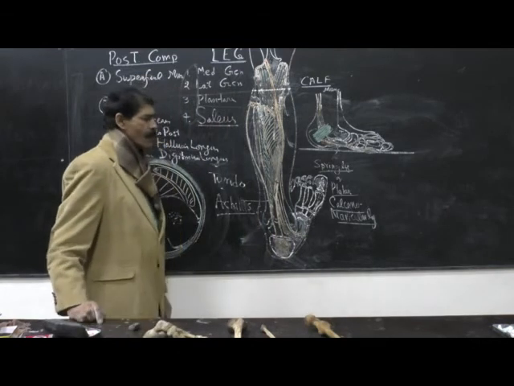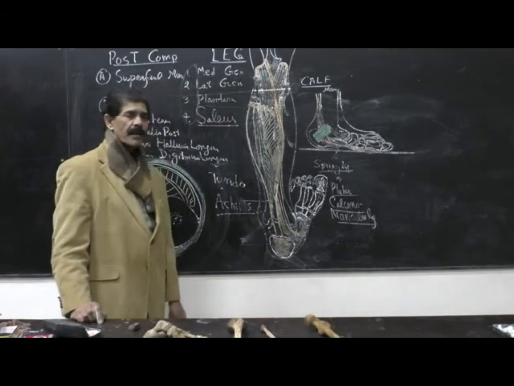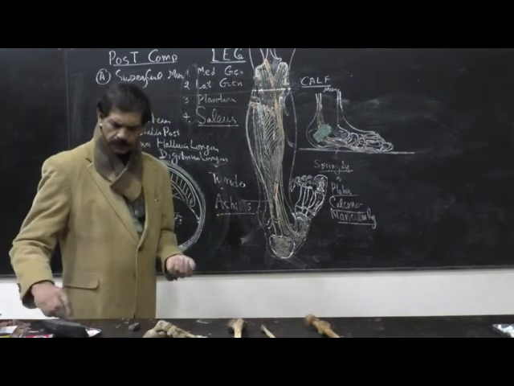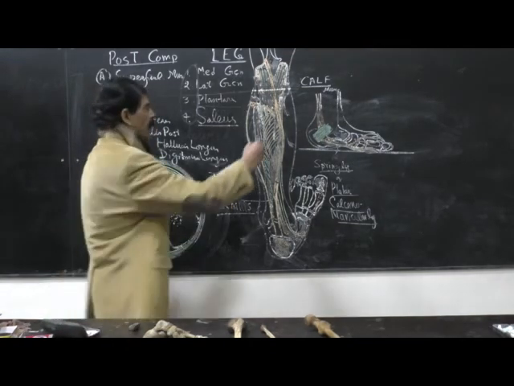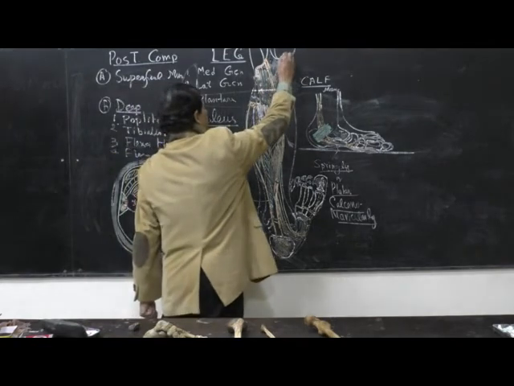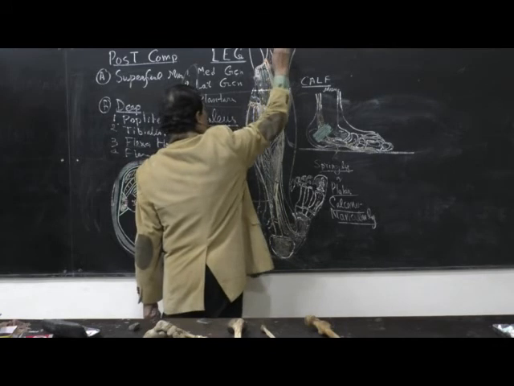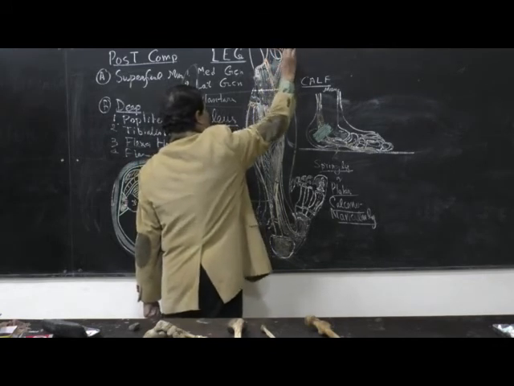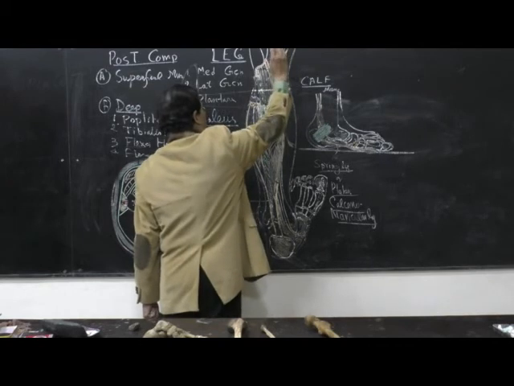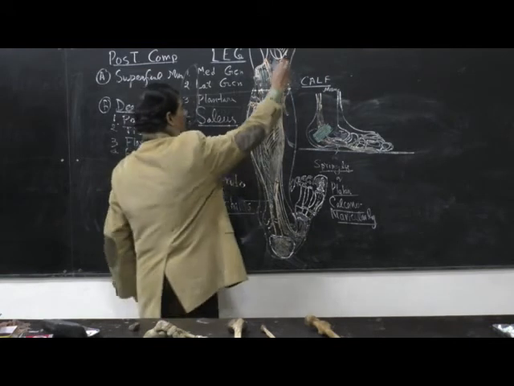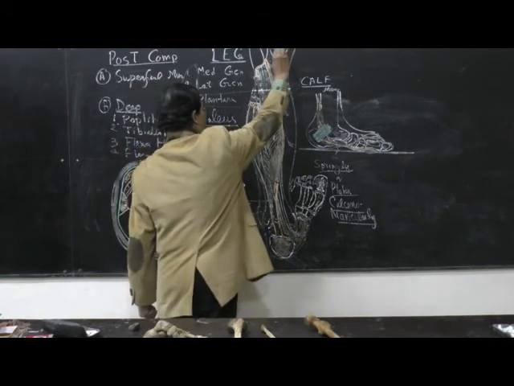Now comes the nerve supply and arterial supply. As we know, the hiatus magnus lies just above the adductor tubercle, and it is formed by the adductor magnus muscle. Through this hiatus magnus enters the femoral artery, now called the popliteal artery.